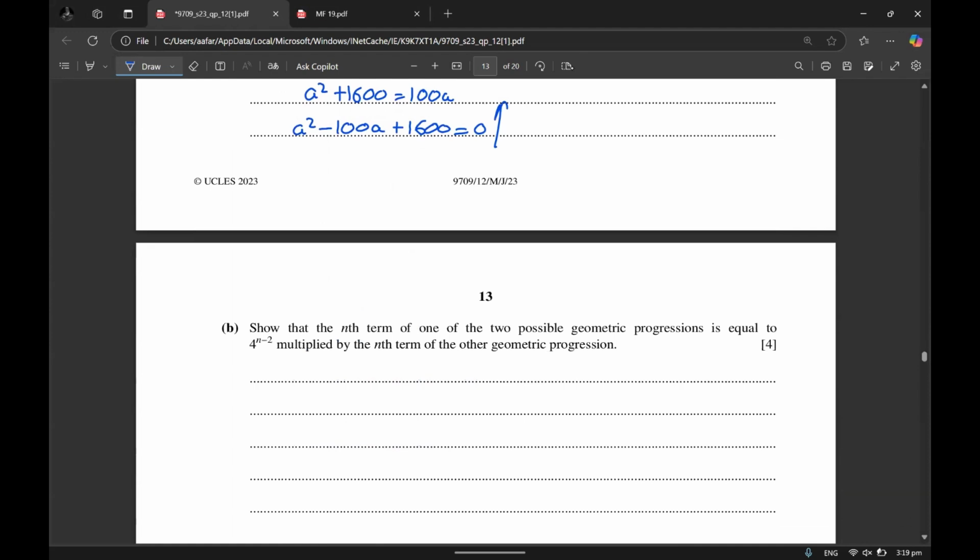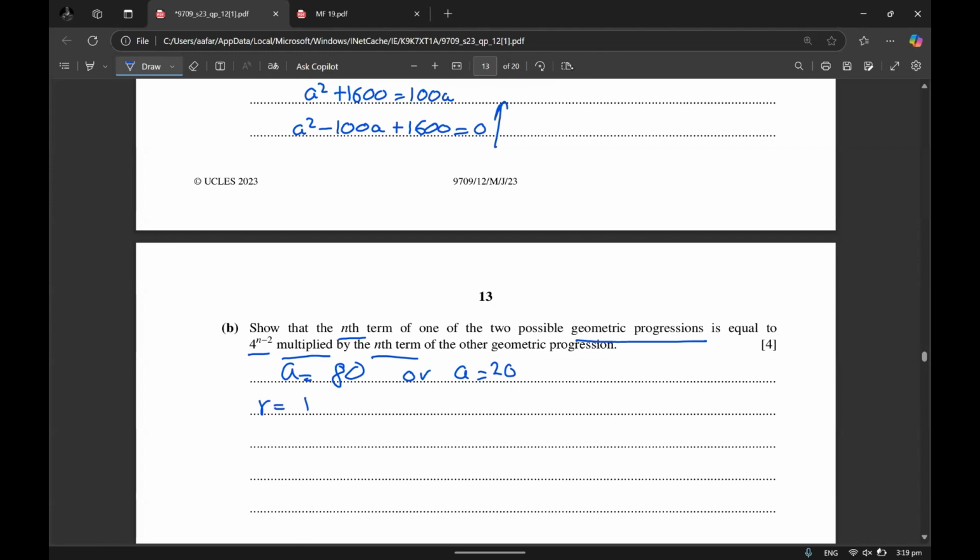Now it says show that the nth term of one of the two possible geometric progressions is equal to 4n minus 2 multiplied by the nth term of the other geometric progression. So this is a fun question. Basically, we know that a is equal to 80 or a is equal to 20. So for these corresponding values of a, we need to find the r.